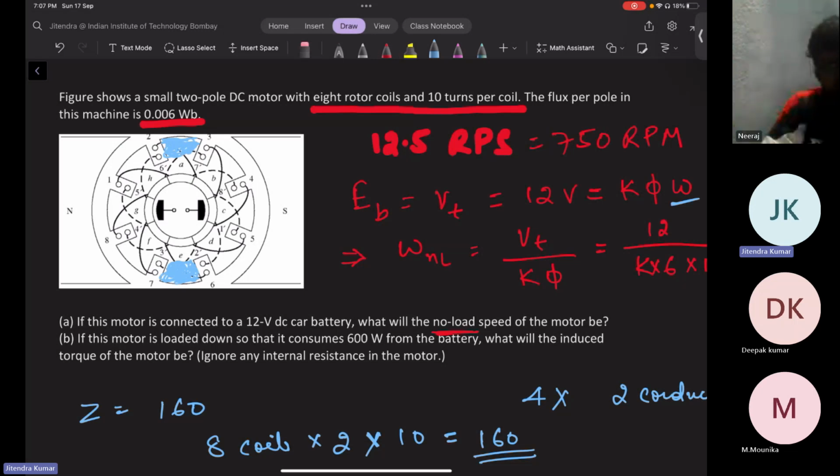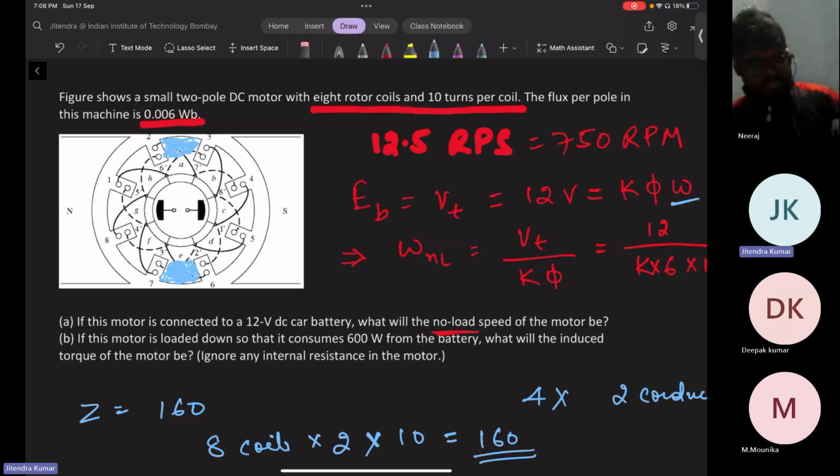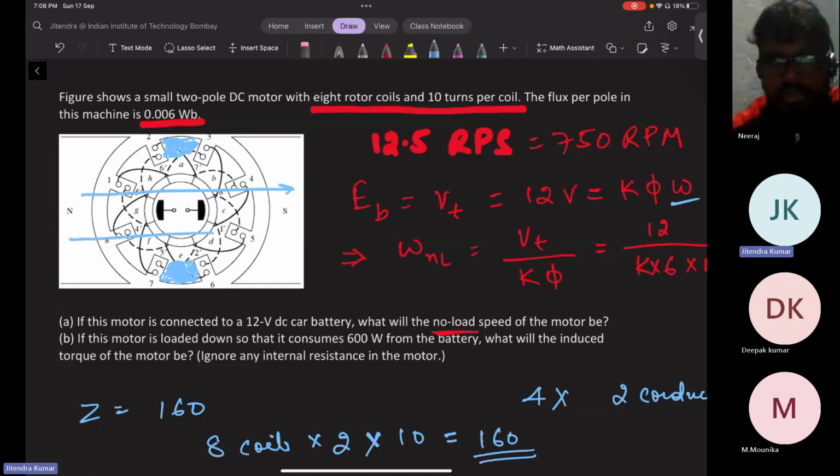According to the Lorentz law or Maxwell rule, if you recall, these are perpendicular to your magnetic field, which is flowing in this manner, so they will not cut the field flux generated by our stator field winding or stator magnetic field. So we have to remove that from the count of the number of conductors.